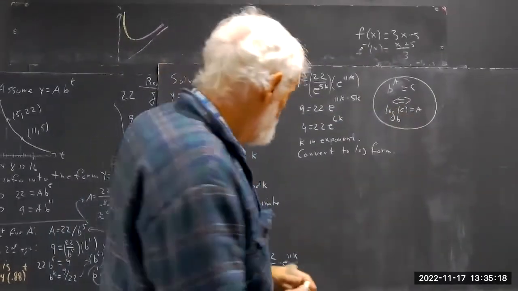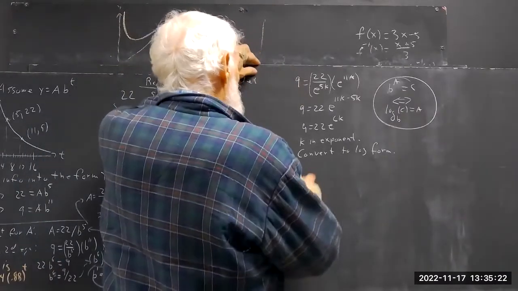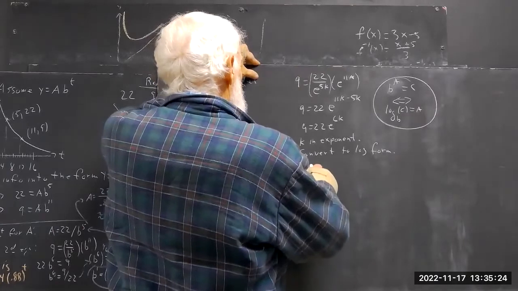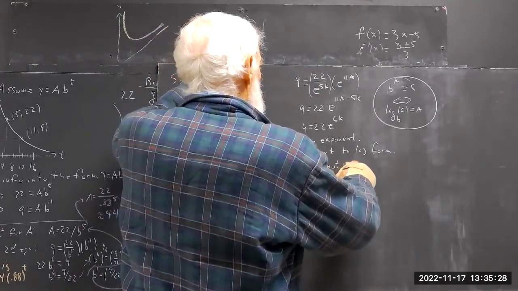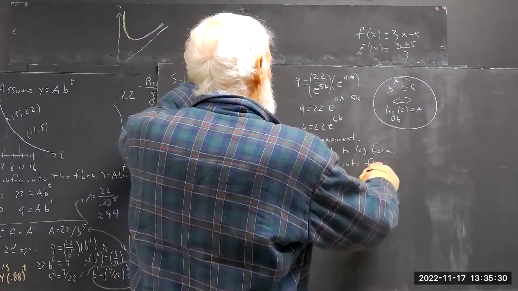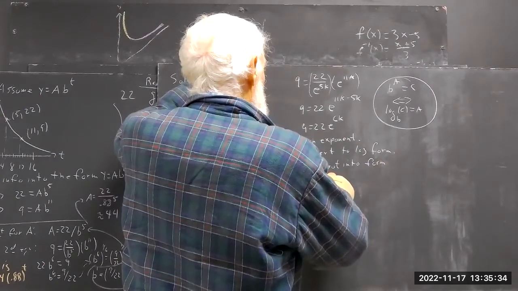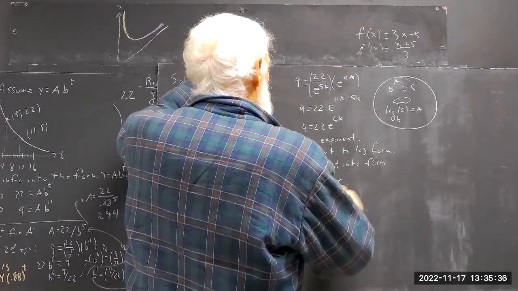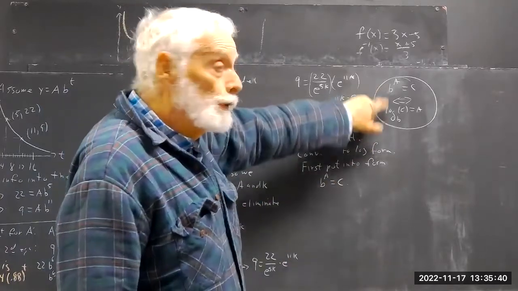Okay, so we convert to the log form, but first, you've got to have it in the form b to the a equals c so you can do the conversion.